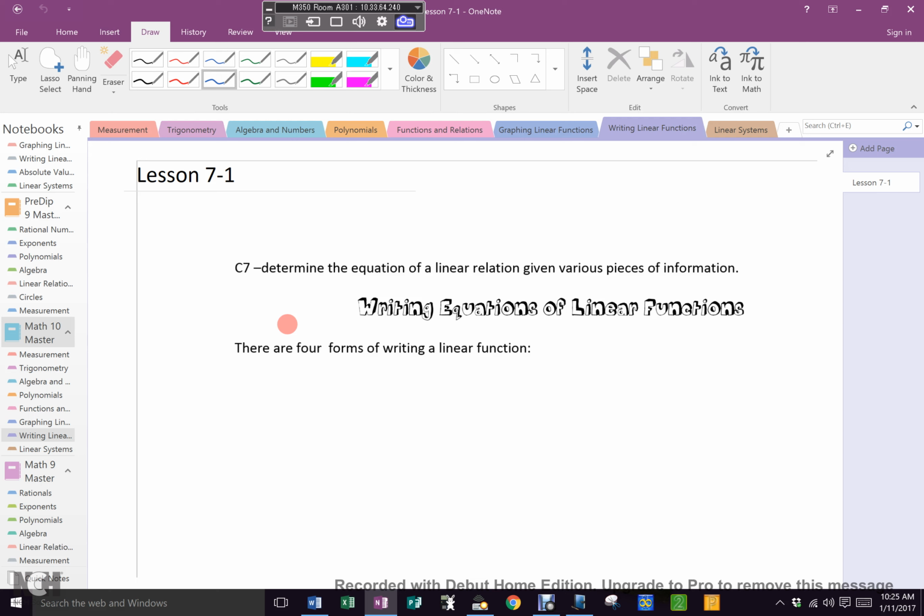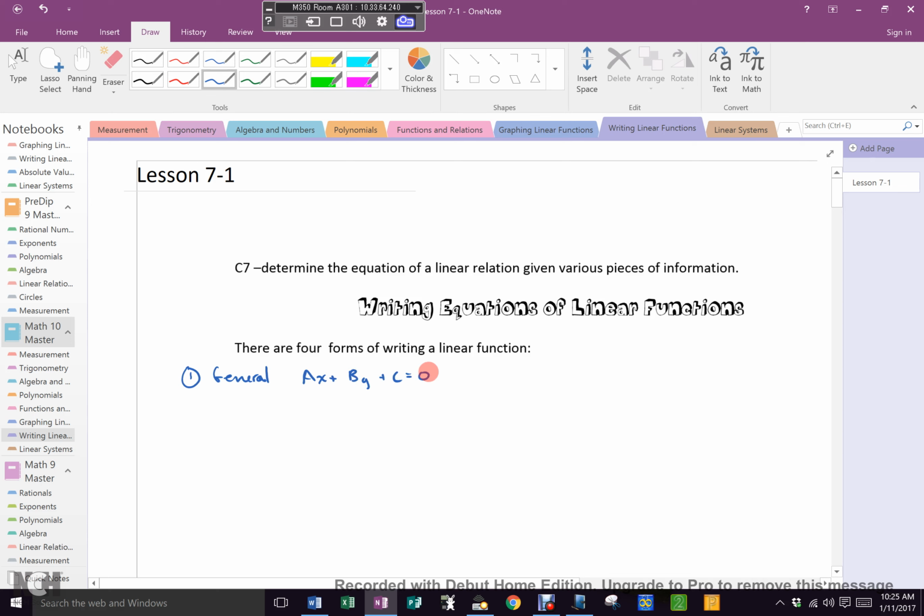Okay. What are the 4 forms of writing an equation? I'll take any one of the 4. No, tables of values aren't an equation. General form, which is what? AX, BY.